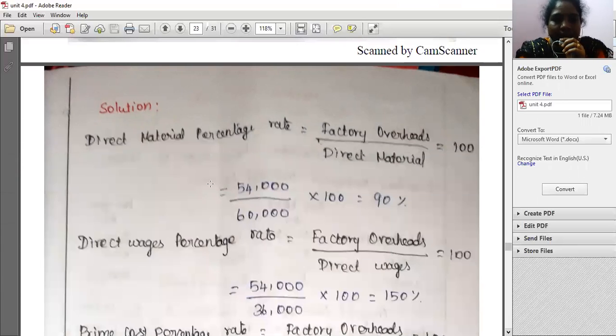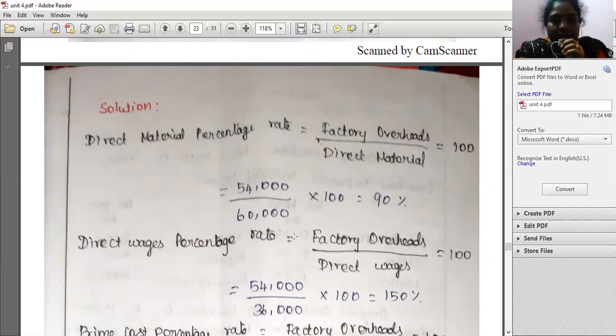First one, direct material: factory overhead divided by direct material into 100. 54,000 is the factory overhead, divided by the direct material amount into 100, and the percentage is 90.